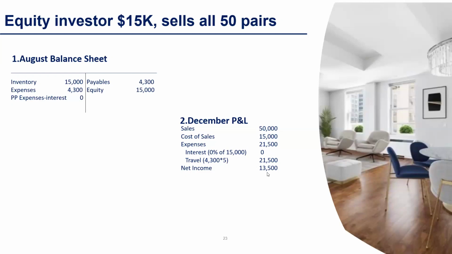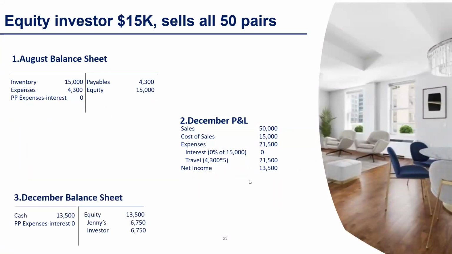But let's see now what happens to the balance sheet and how much cash she gets to keep. So with this $50,000, she's able to pay the cost and all her expenses, and she's left with this cash of $13,500. But the trick is, though, that she doesn't get to keep the full amount.